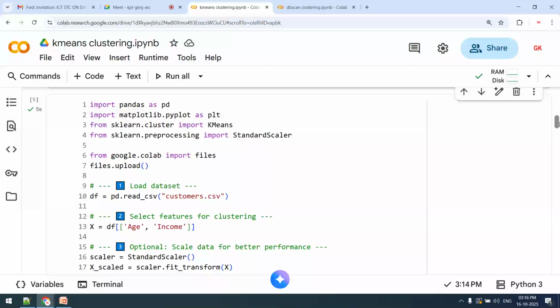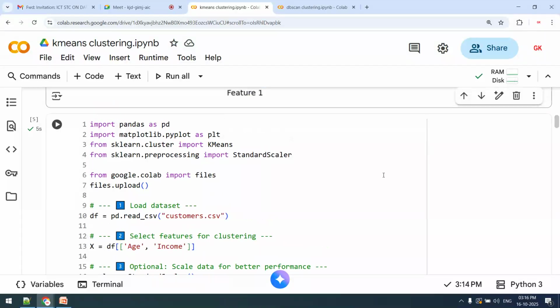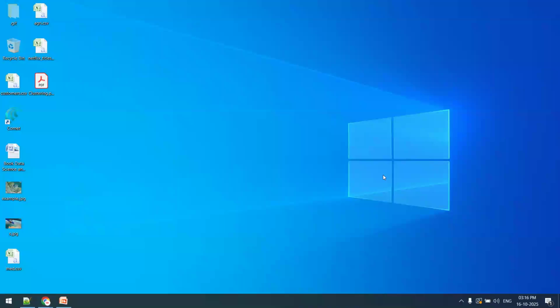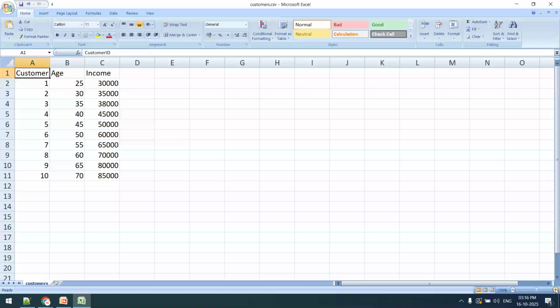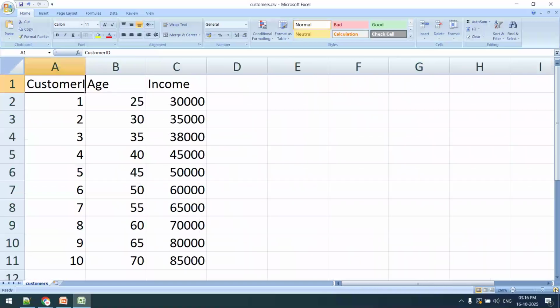Now if we want to make clusters on some particular CSV sheet, on some customer data, for example, we have this data set. This is our Excel sheet, CSV sheet: income group, age group, customer ID, and on this data set we want to go for cluster formation.